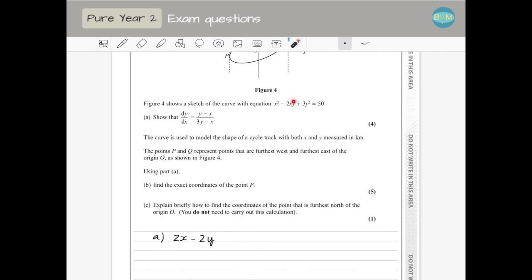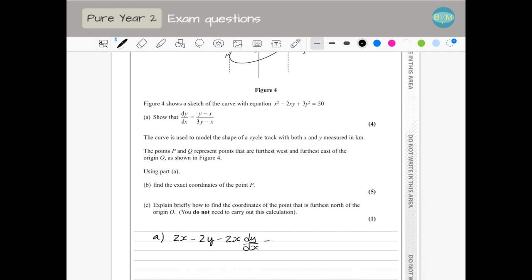And then the derivative of the second one: when I differentiate the y in implicit differentiation, I'm going to differentiate like it was x, so the derivative of y is 1, but then I'm going to multiply by dy by dx. That's what I have to do. So I'm going to leave this one as it is, 2x, and I'm going to differentiate y, which is 1, dy by dx.